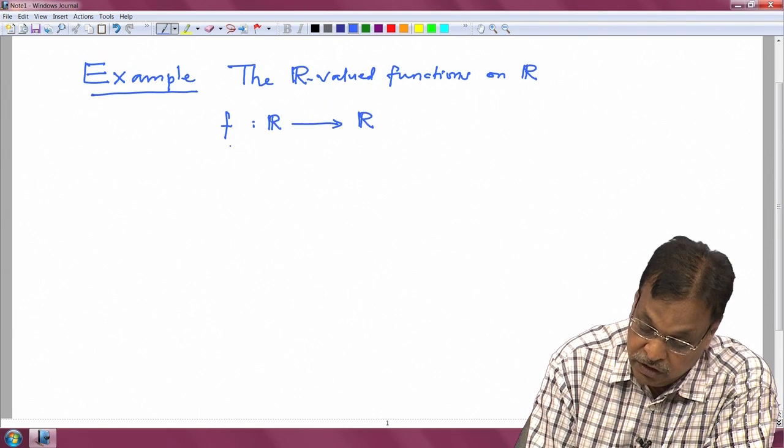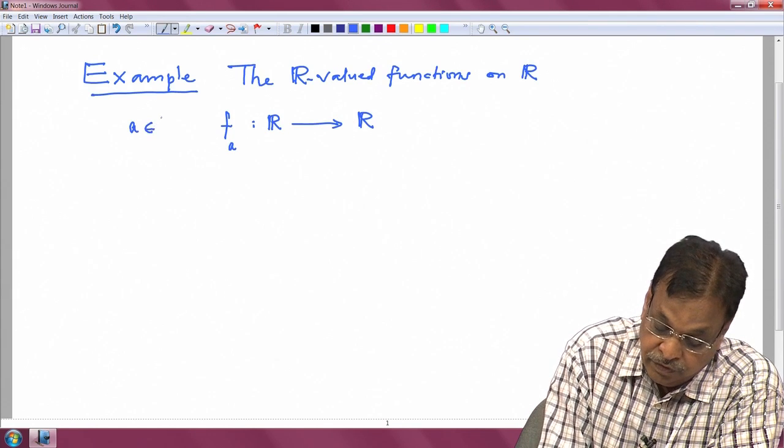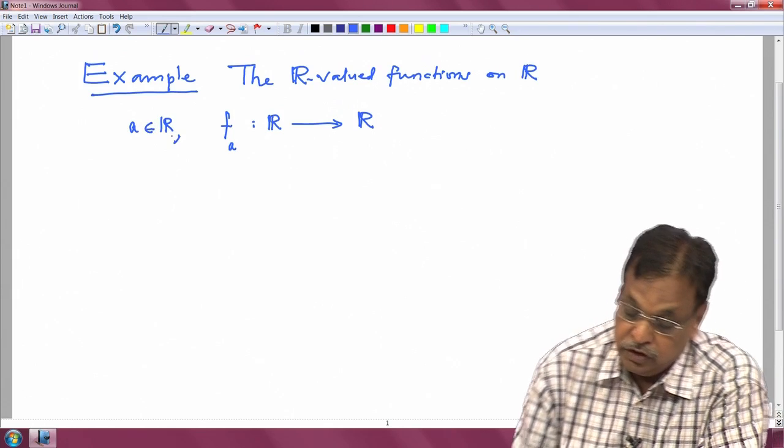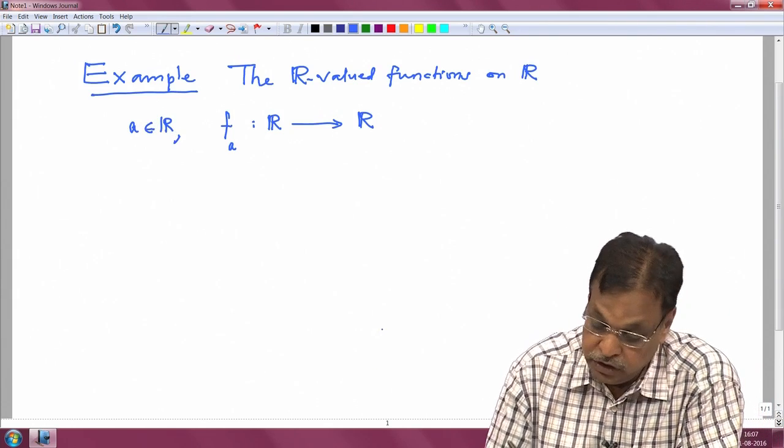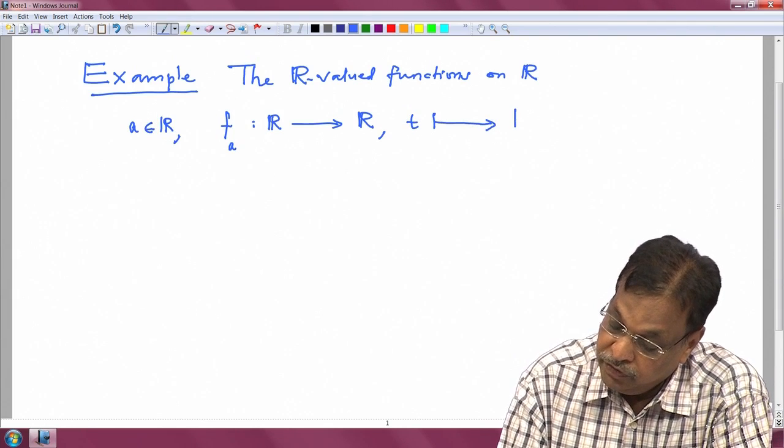So, for each real number a in R, we are looking at the function f suffix a, which is defined by t goes to modulus of t minus a.